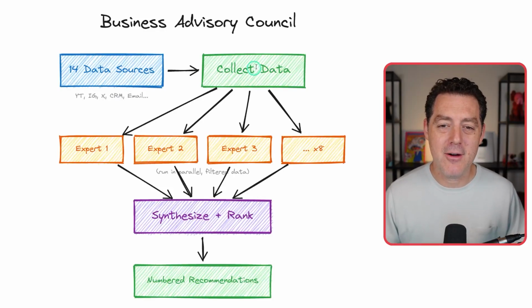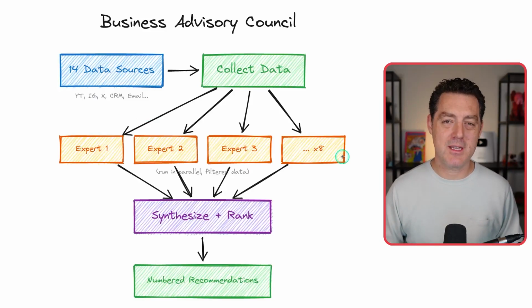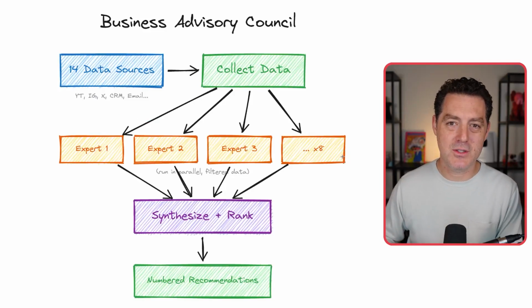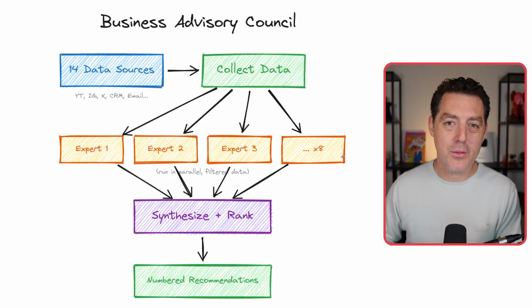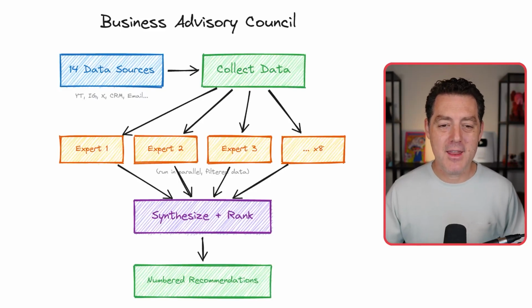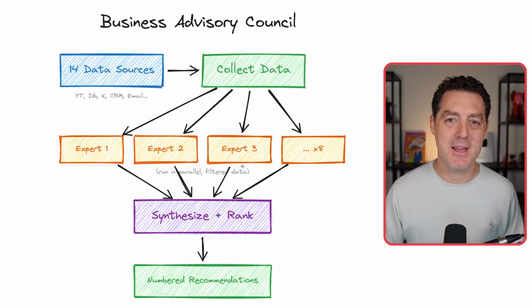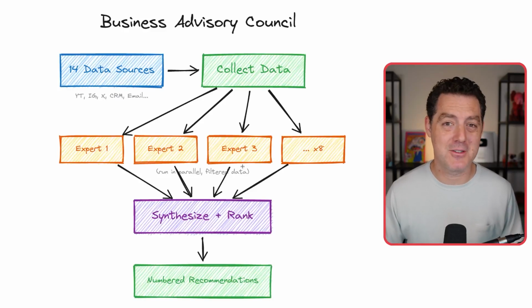I then allow it to collect all of this data, and then I task 8 different business experts, everything from financial experts to marketing experts, growth experts, everything. And they all run in parallel, look at all of the data, discuss with each other, and then synthesize all of it, rank their recommendations, and then give it to me every night. And this runs every single night while I'm sleeping. So it is constantly looking for ways to improve my business.